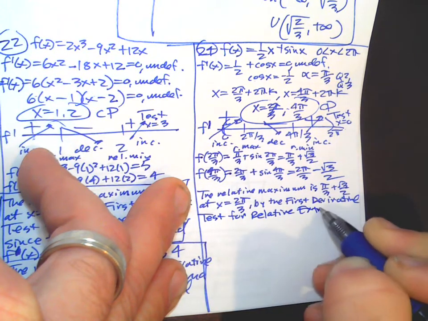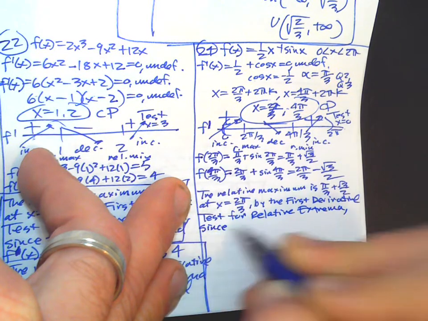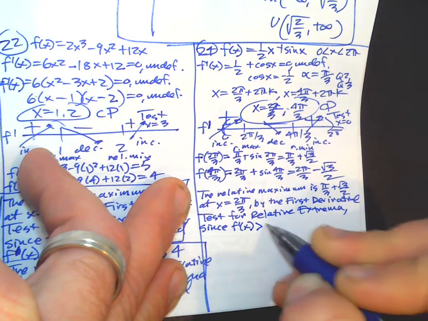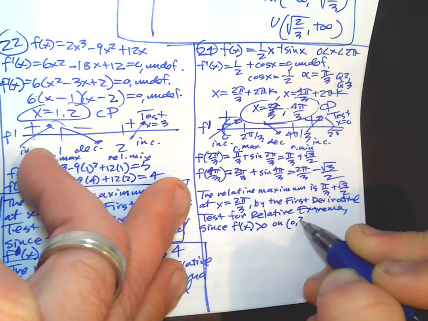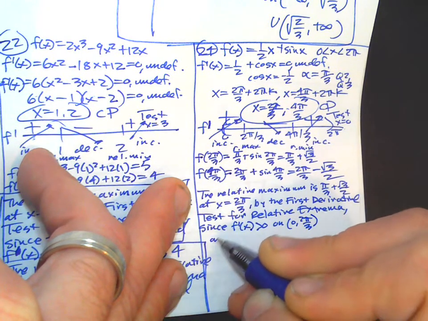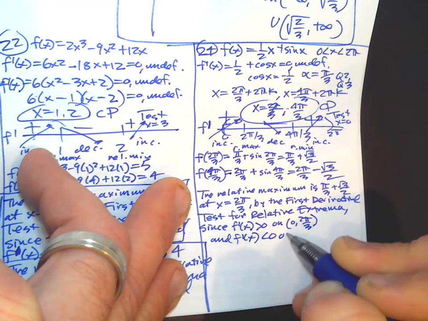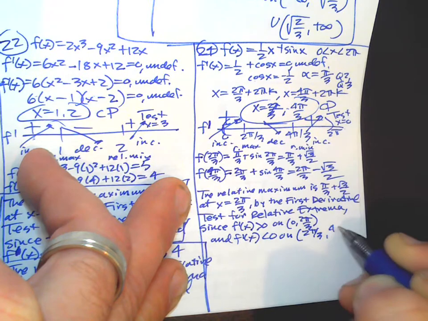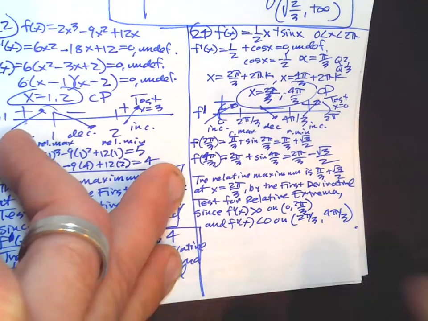That's the name of it. That's part of your justification. Since f prime of x was positive on the interval of 0 to 2 pi over 3, and f prime of x was negative on the interval to the right of it, which was 2 pi over 3 to 4 pi over 3. So that's the justification of relative max.